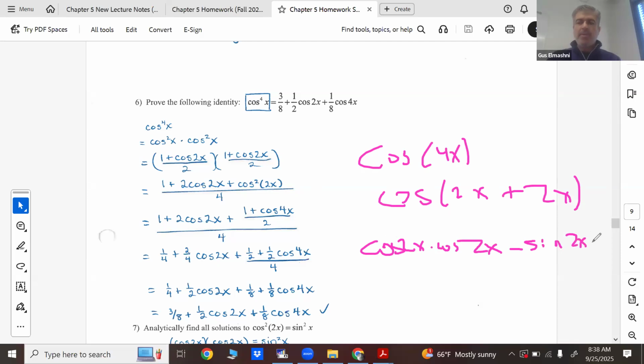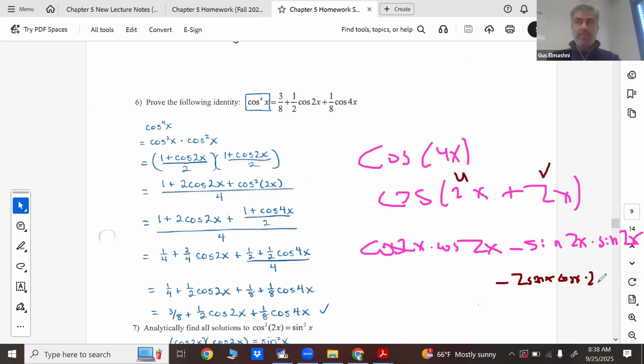I'm just using the formulas where you're letting u and v equal 2x, right? U and v is 2x. Now, if I go a little further, I could say that's going to be 2 sine x cos x and another 2 sine x cos x.